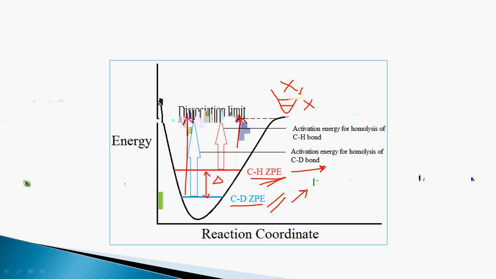And how fast the CH bond will undergo cleavage will be decided by this difference of zero point energy. This is how KIE takes place in case of reactions where there is no transition state or the bond breaks before the transition state. This is known as primary KIE, where homolysis takes place at or before the transition state.